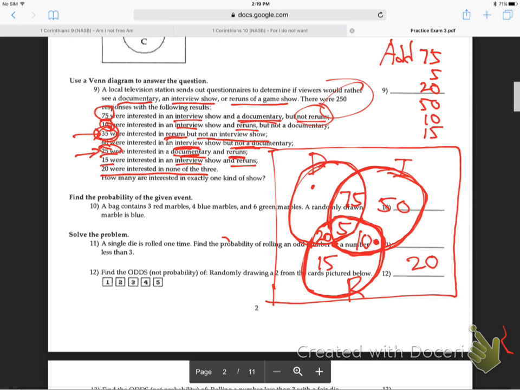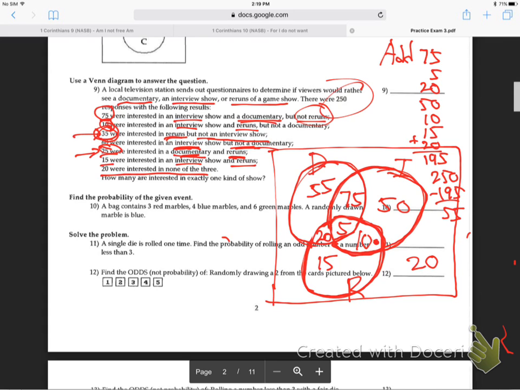Did I miss any? 20 too. Add them all up. 195, I think. Yes, and this leaves 55 to be there. Then take 250 minus 195. I got that 55.